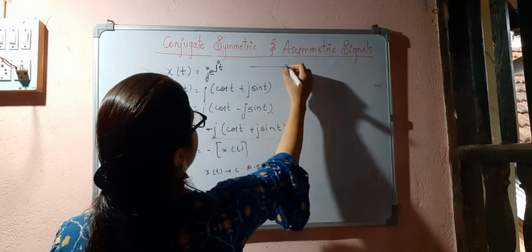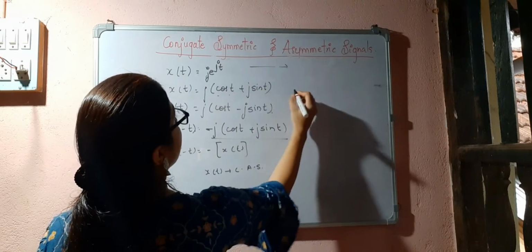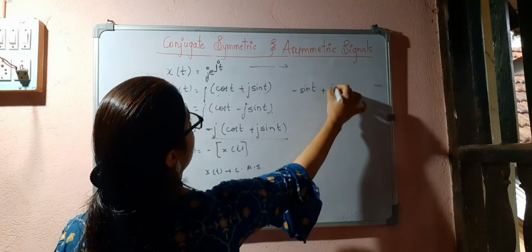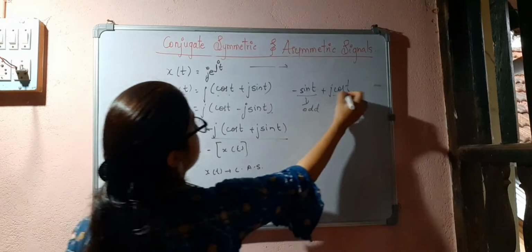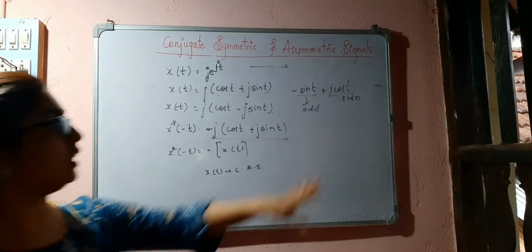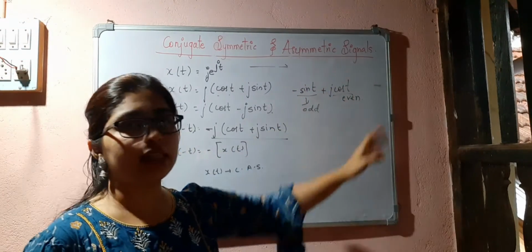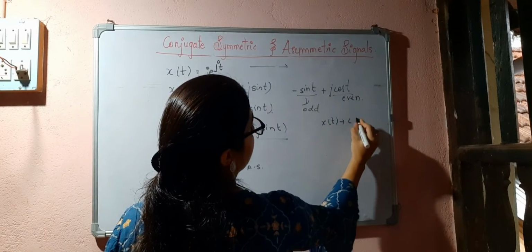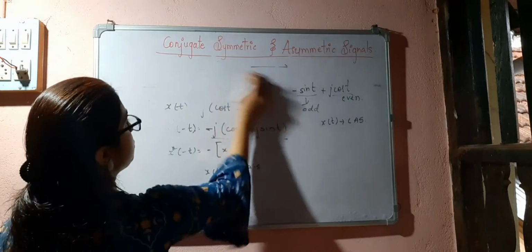Now from this I can tell, here see j cos t plus j sin t, I can write this as minus sin t plus j cos t, right? So this is the odd signal, this is the even signal. Cos t is an even signal. So if the real part is odd and the imaginary part is even, then we can say the signal is a conjugate asymmetric signal. Okay, so we have two conclusions now.